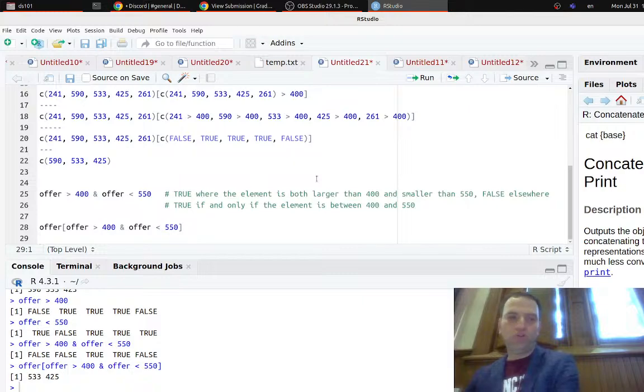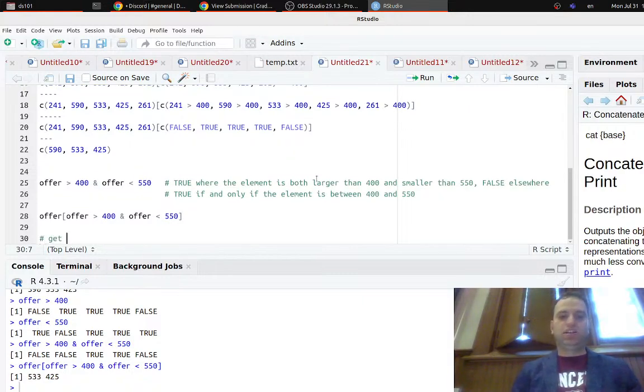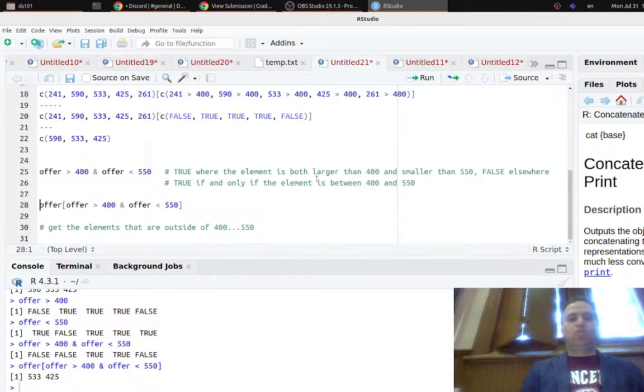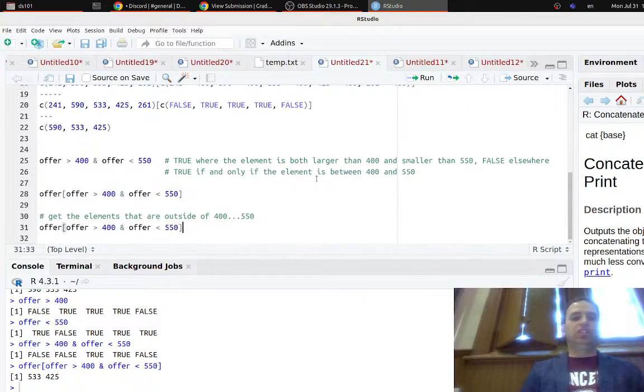So you can also do it the other way. Get the elements that are outside of 400 to 550. And two ways you could go about it, right? So you can say, I want this. So this is a bunch of trues and falses.